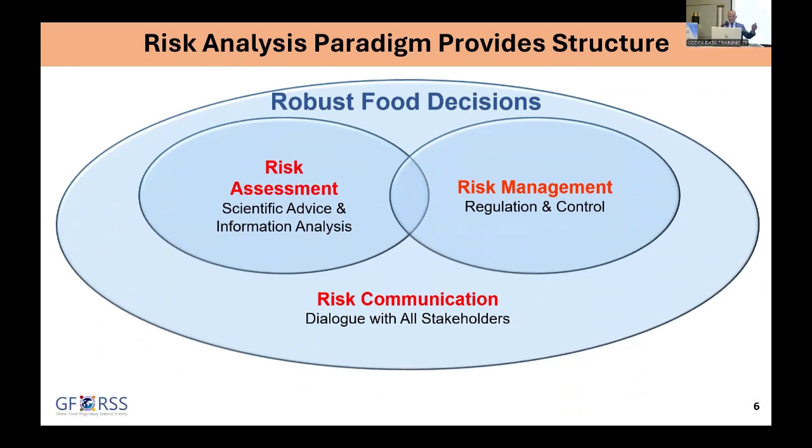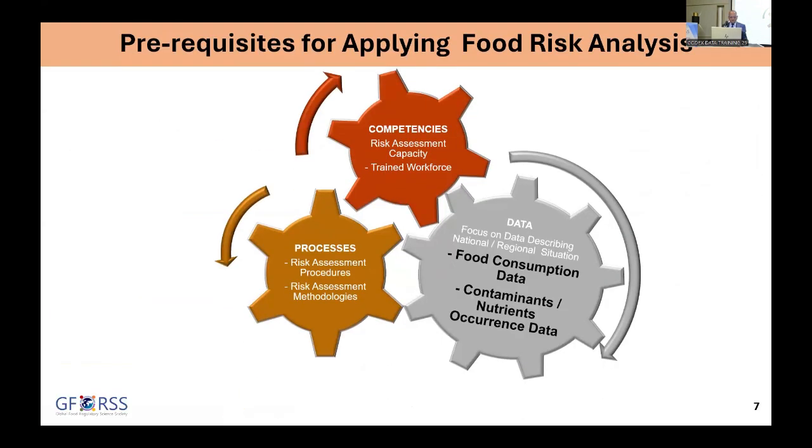And again, we are talking about this paradigm of risk analysis, and here we are focusing more on the risk assessment part in this presentation. So what are the prerequisites that we already talked about?